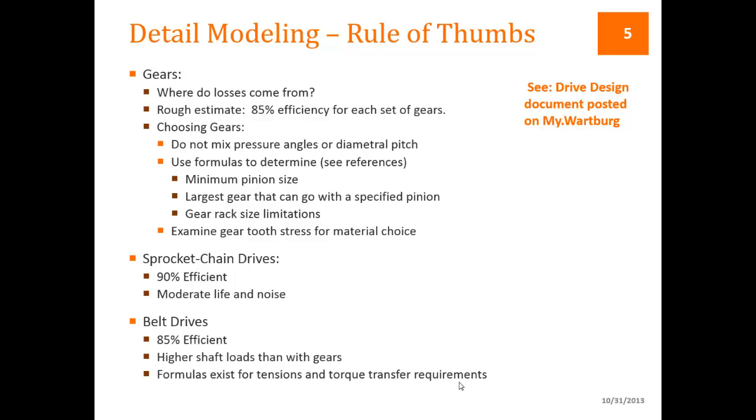And so you can't have an infinite possible number of gear ratios, right? You can't have a humongous gear and a tiny little pinion. It's just not reasonable. And so these formulas give you general rule of thumb calculations that will tell you what the limits on that pairing will be.